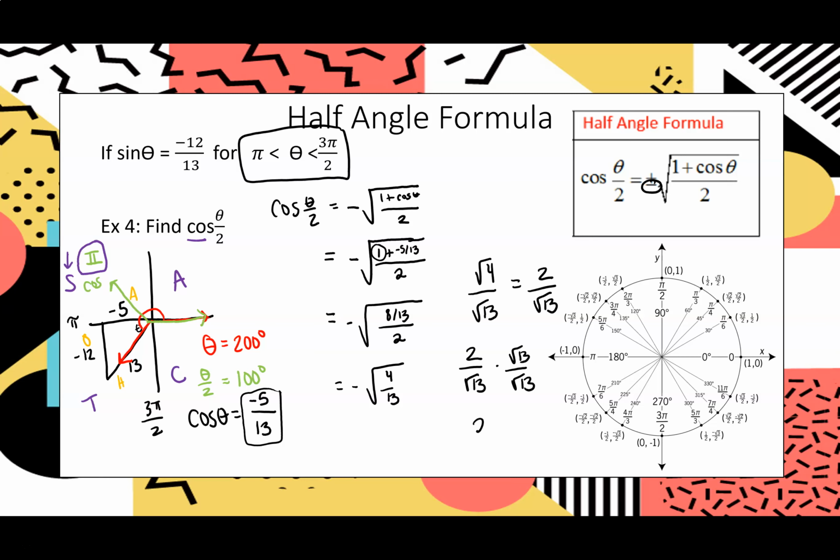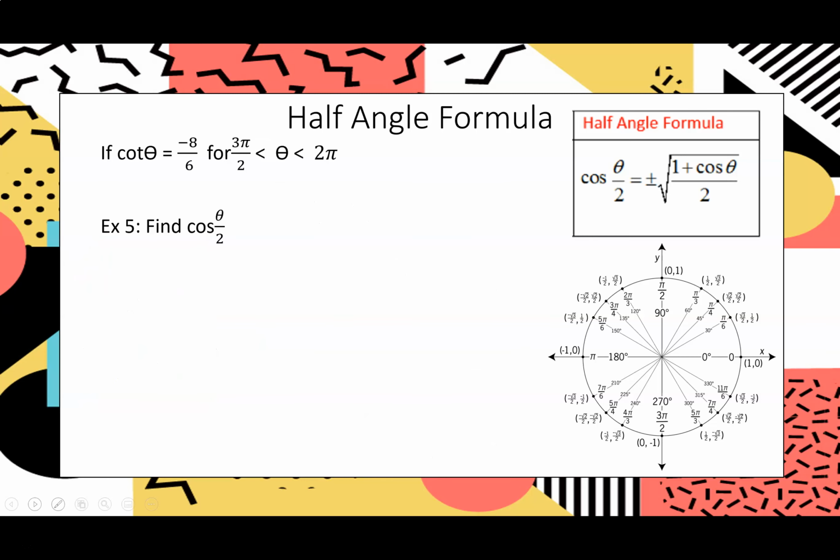And this just simply becomes 2 root 13 over 13, because remember our root 13 times root 13 cancels out. So our answer is going to be a negative 2 root 13 over 13. There we go.